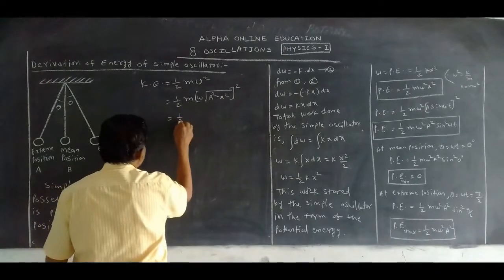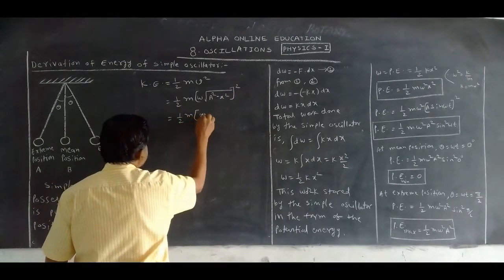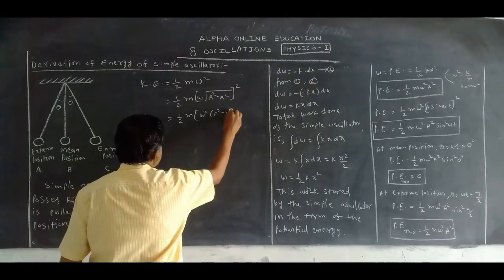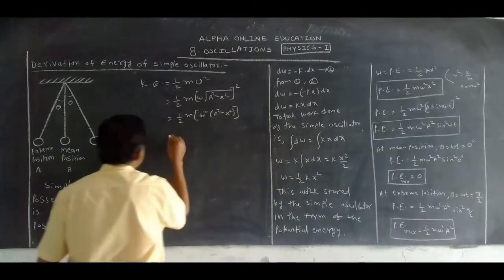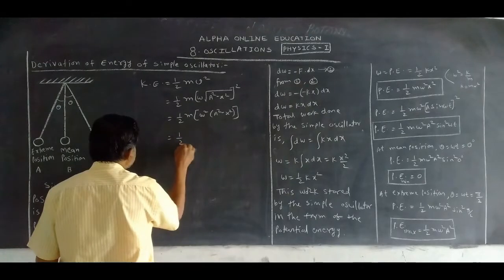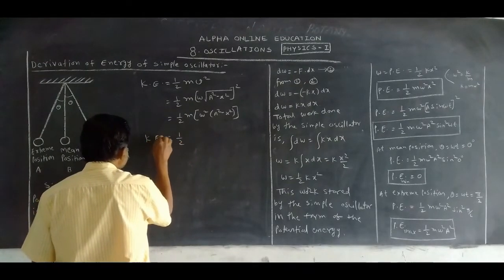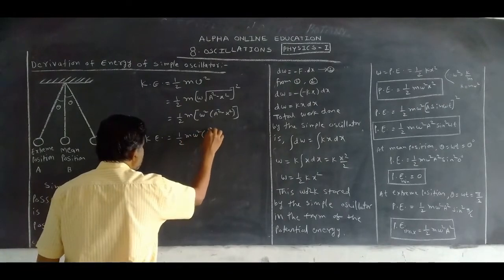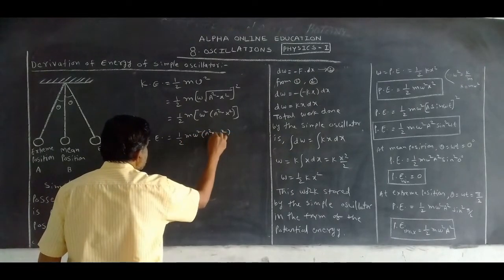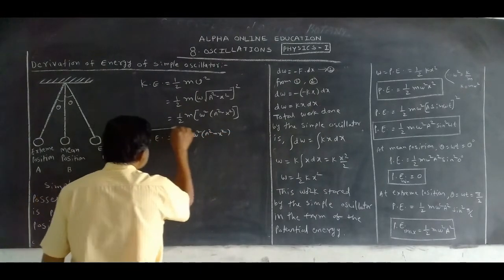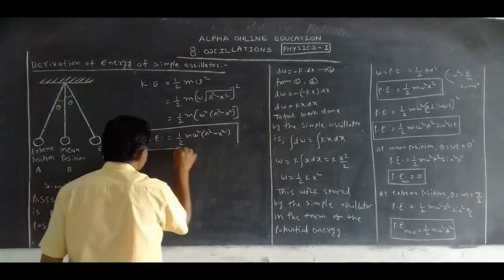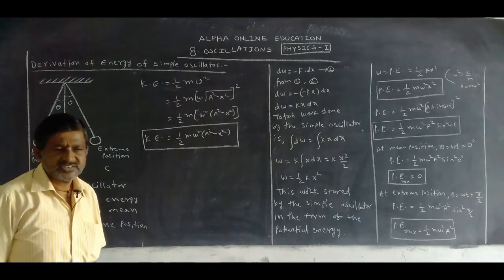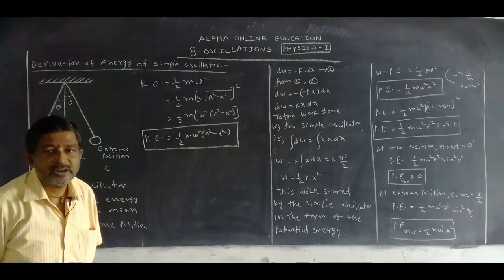Now half m omega square into a square minus x square. So kinetic energy is half m omega square a square minus x square. This is the kinetic energy of the simple oscillator without harmonic function.